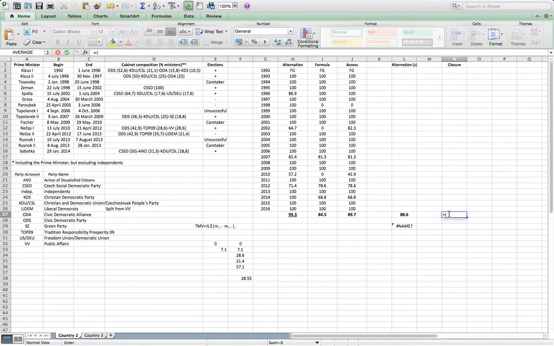So it's basically L27, alternation standardized, plus formula, that is E27, plus J27, that is access, divided by 3. So the Czech Republic is a rather closed party system, at least by post-communist standards, and you will see it is an 86.6 score, final score of closure for the Czech Republic.